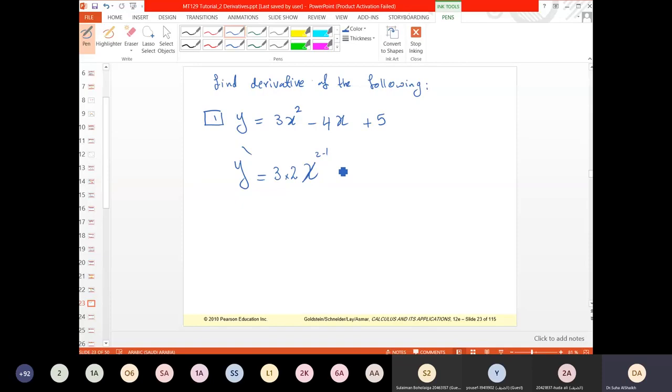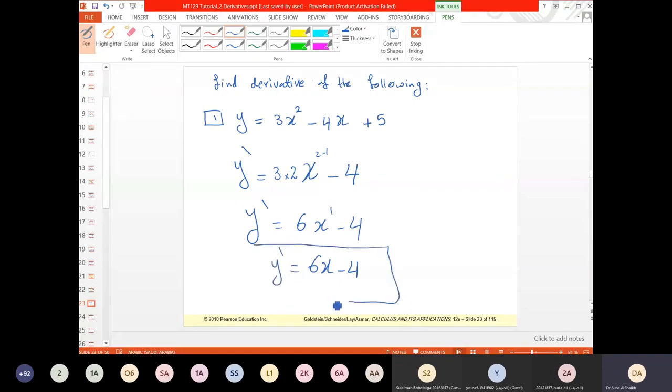And what's the derivative of minus 4x? It's minus 4. And what's the derivative of 5? It's 0. So y dash equal to 6x to the power 1 minus 4. I can just write it like 6x minus 4. Yeah, you are correct, Tala and Daysam. You are very correct. This is my y dash in this case.